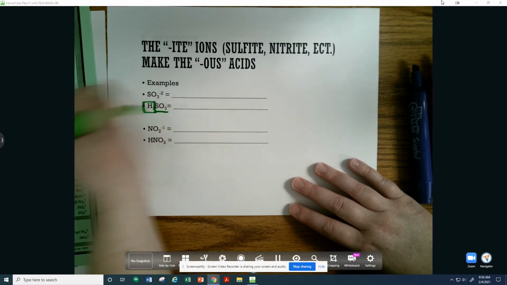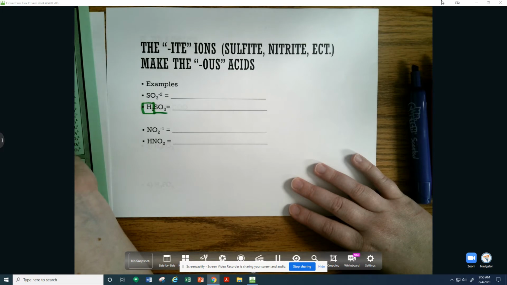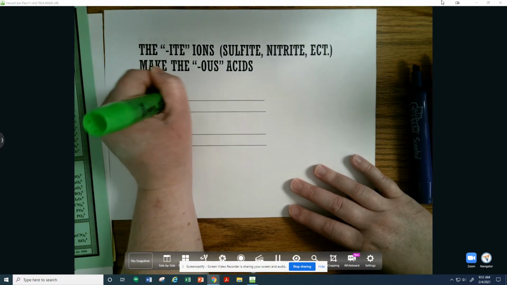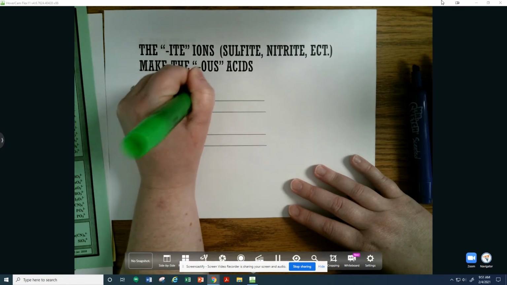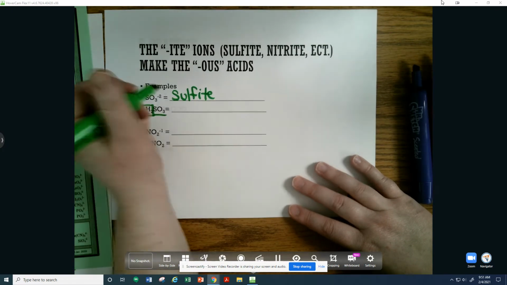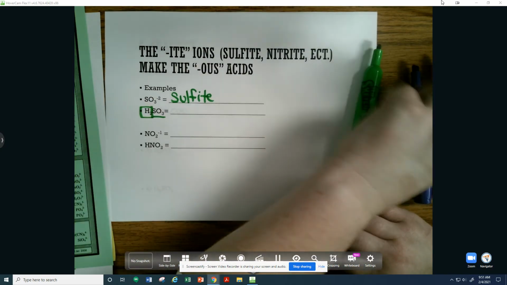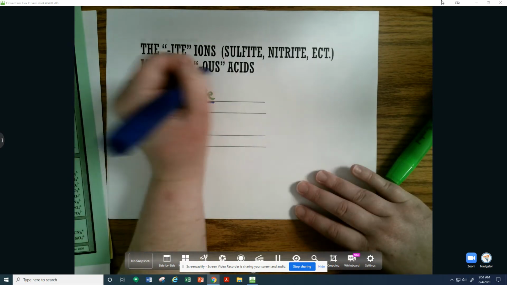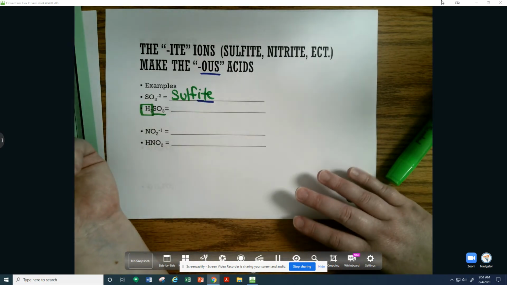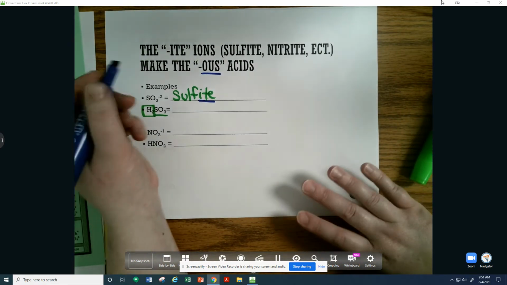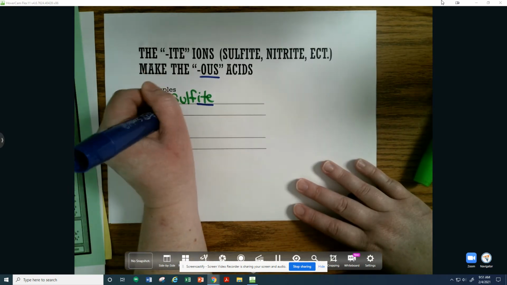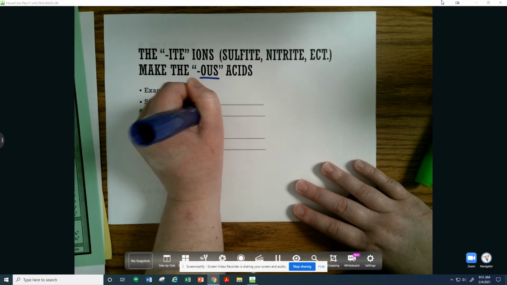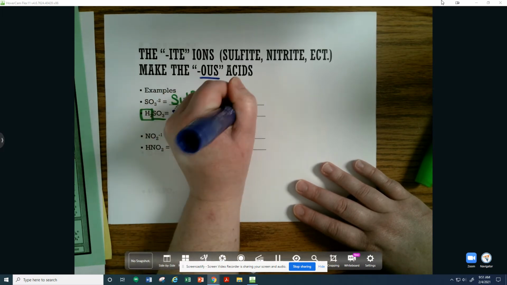The next thing is I recognize I have an oxyacid because oxygen is present. So I need to figure out what my polyatomic is, and that is the sulfite ion. Again, just like before, we do not use the prefix hydro. We get rid of -ite and we change it to -ous. Like the last one, for whatever reason, it's not sulfous acid, but it becomes sulfurous acid.